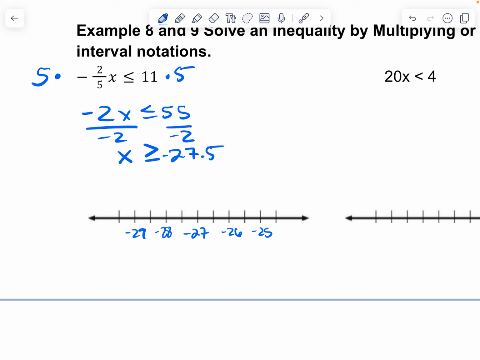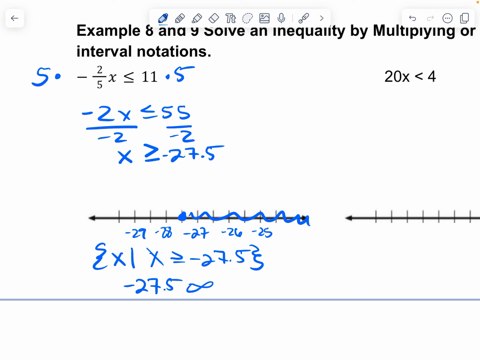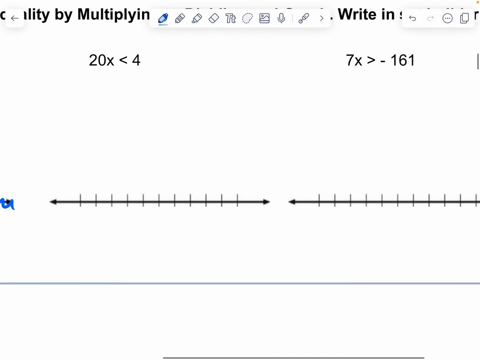So negative 27.5 would be here, and it's all the numbers greater than that. Okay, and if I was to do that in set builder notation, negative 27.5, or negative 27.5 to positive infinity, including the negative 27.5.